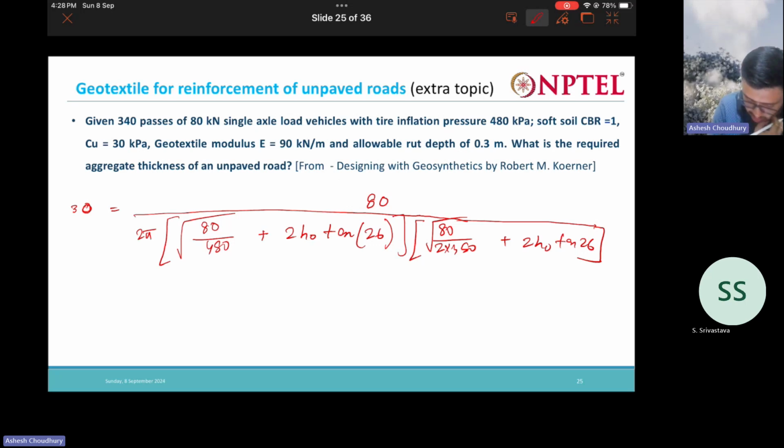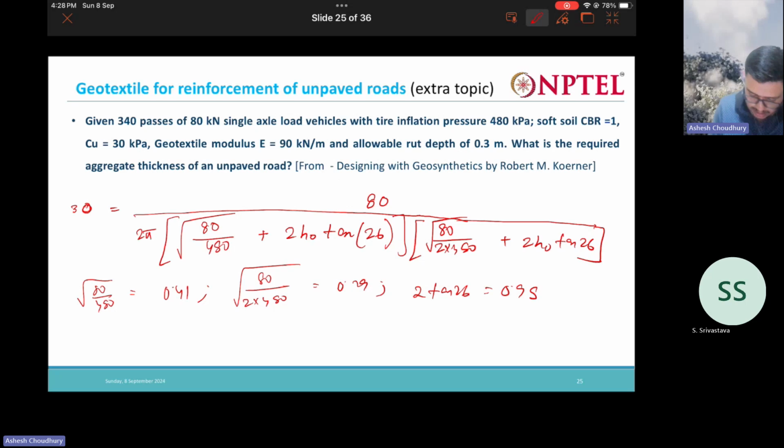Now easily, how to calculate root over 80 by 480? It will be coming as 0.41. Root over 80 by 2 into 480 is how much? 0.29. 2 tan 26 is nothing but 0.98.